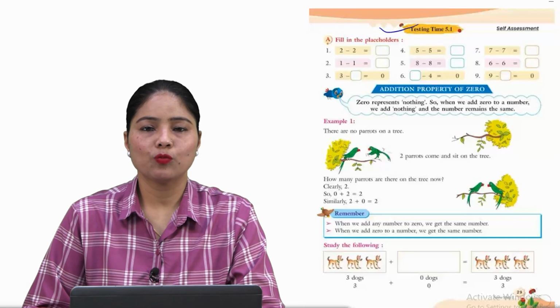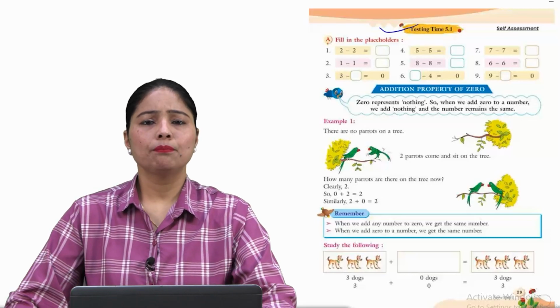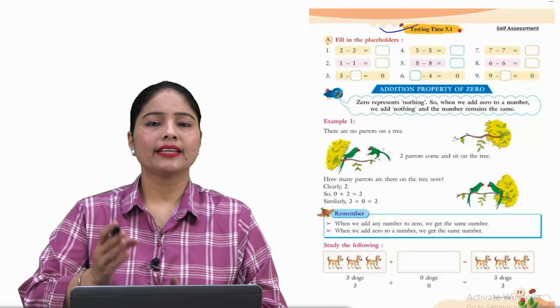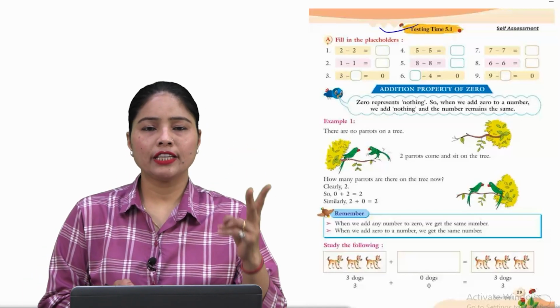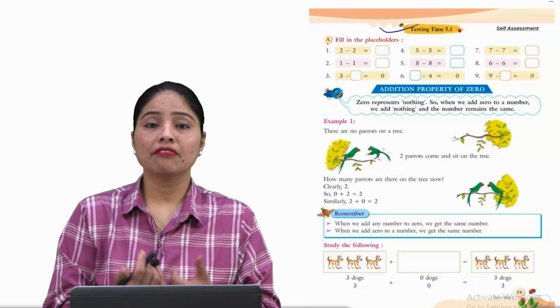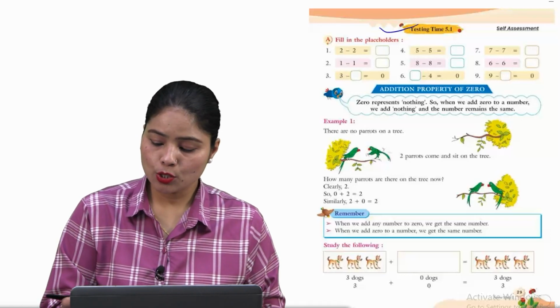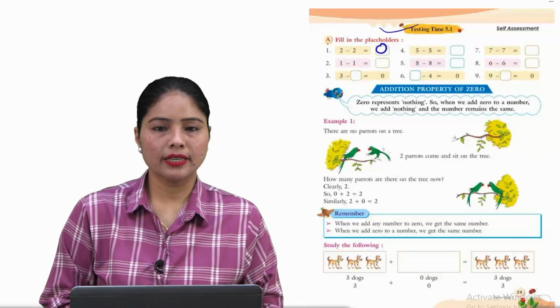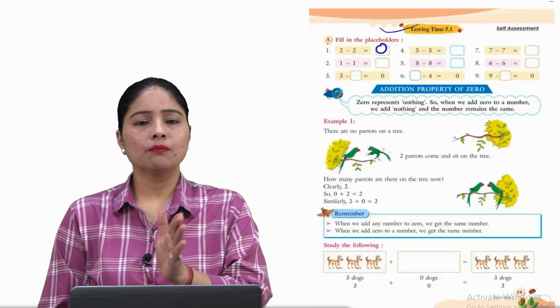Testing time 5.1. Filling the placeholders. Okay? So the first one is given 2 minus 2. You have 2 and you have to subtract 2 from them. So clearly we have nothing. हमारे पास कुछ भी नहीं बचा. So write 0 over here. Similarly 1 minus 1.